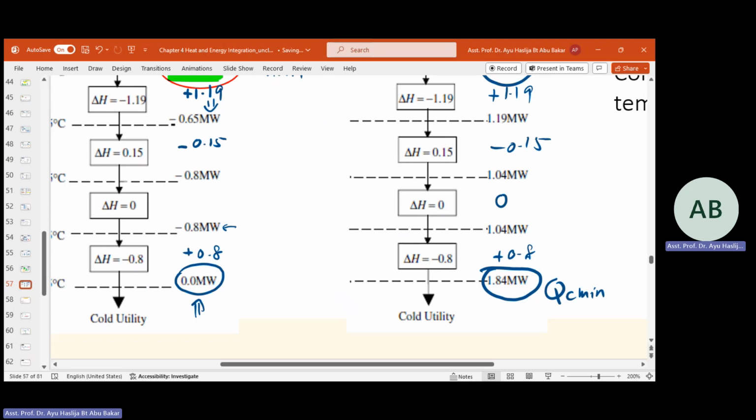Your QH min and QC min from the heat cascade must be the same as the composite curve.